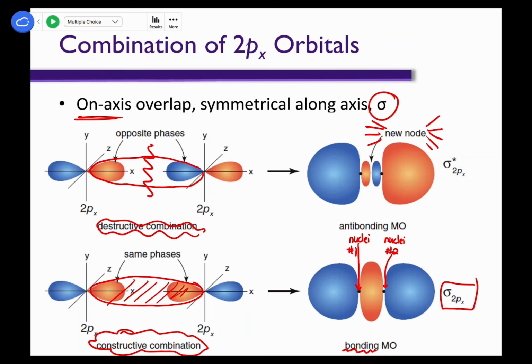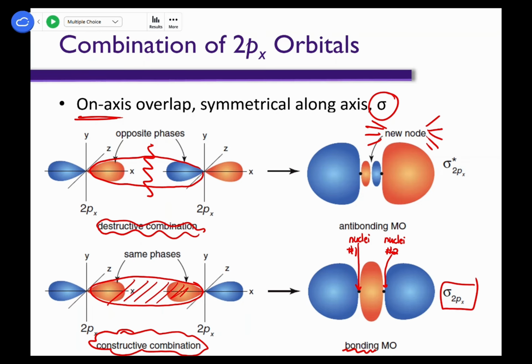Here, I'm going to go back. Yeah, we're still in the px orbital. Remember, a px orbital lays along the x-axis, and it has a nodal plane. You can see it like that. This atom also has a nodal plane for its px. When we bring them together in phase, we still have the nodal plane here, and we still have the nodal plane here. That's constructive interference.